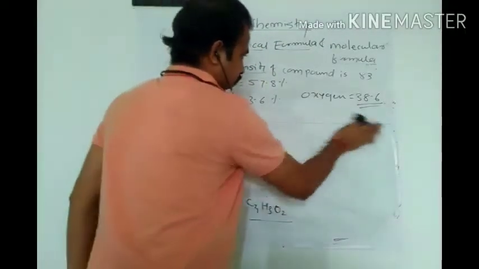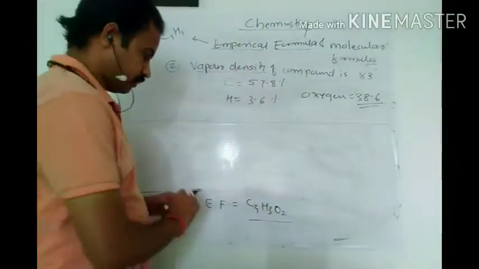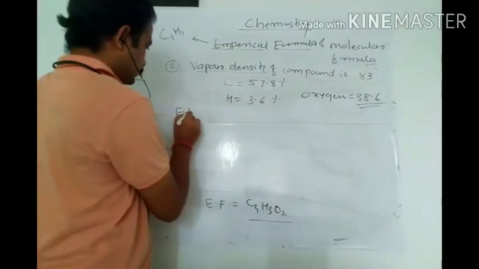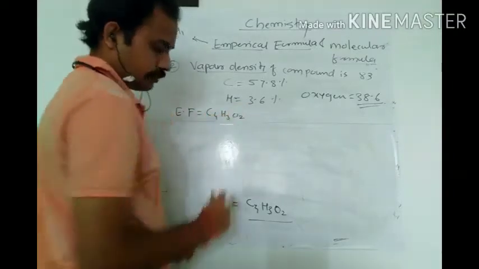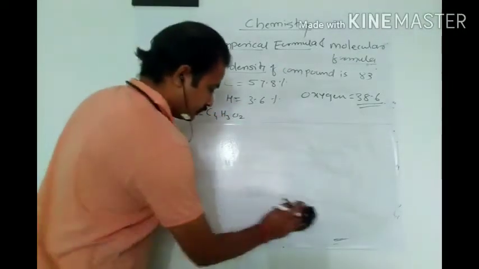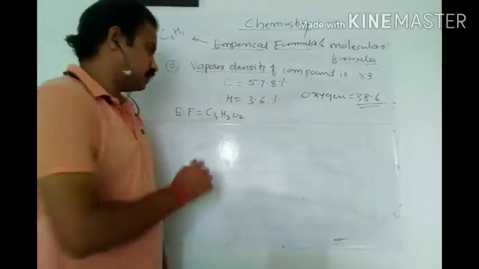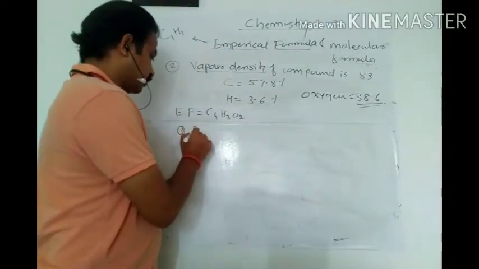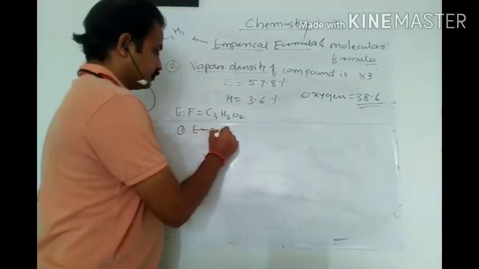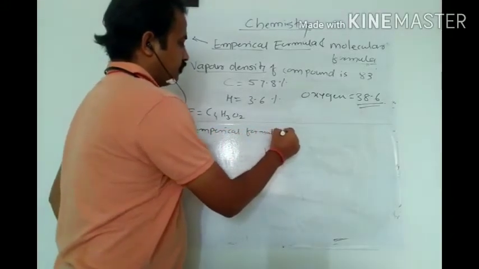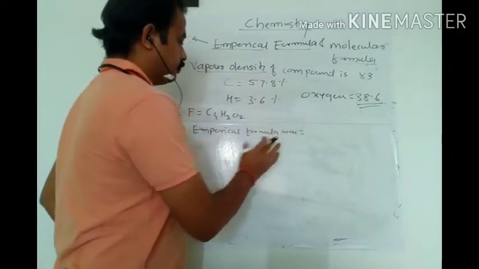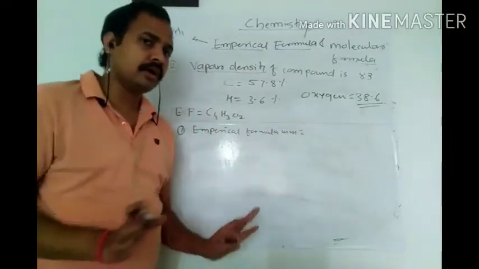Because the empirical formula is with us right now, C4H3O2. So the first step, as I already discussed, is to calculate the empirical formula mass. Empirical formula mass is nothing but the molecular mass.